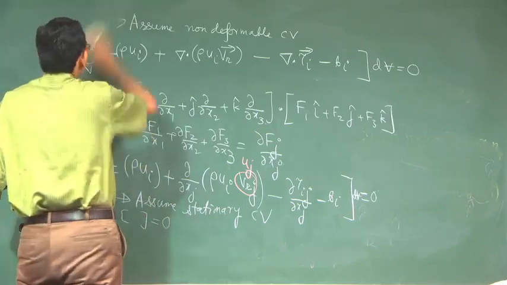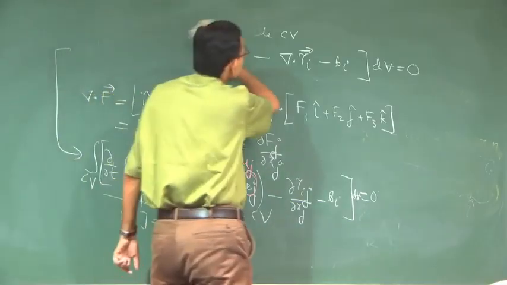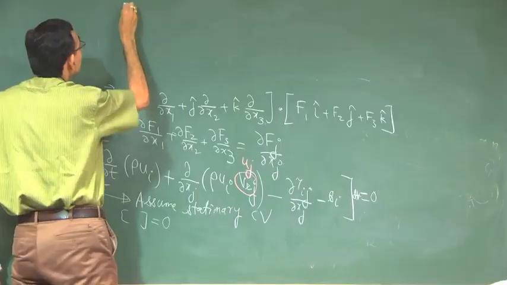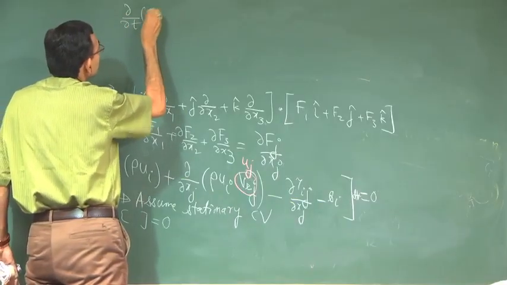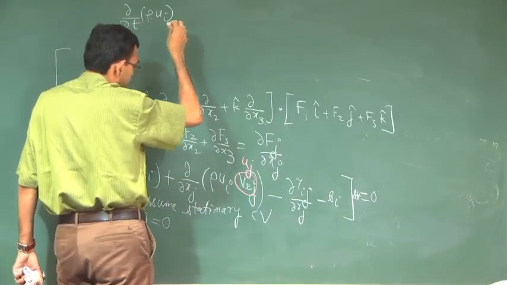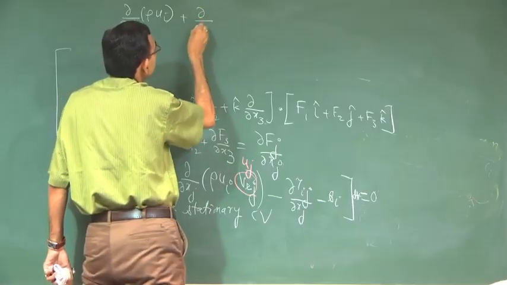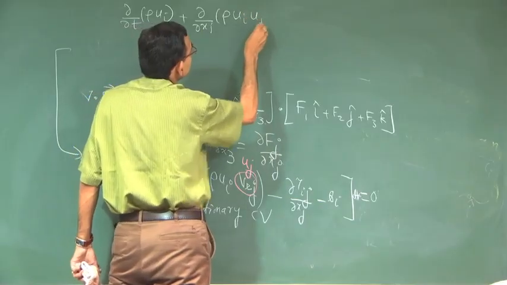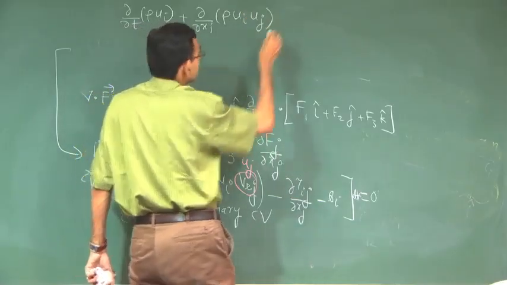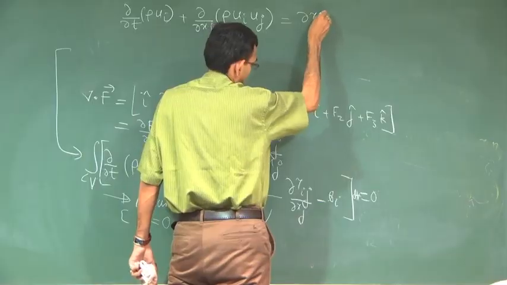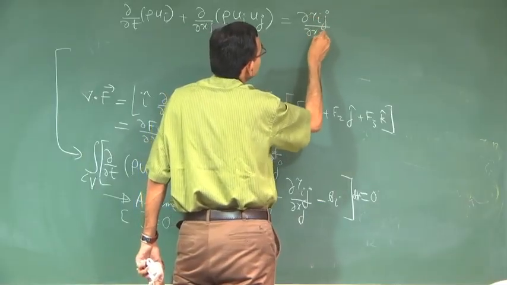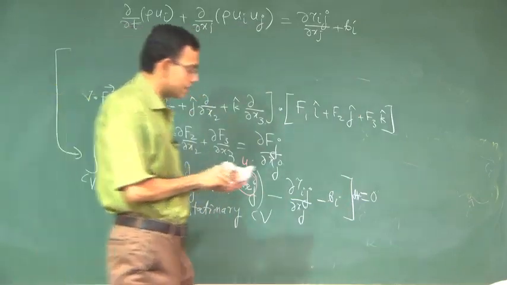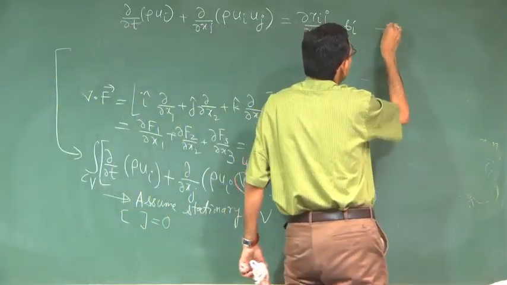So, we have derived the differential equation for momentum conservation. This equation is known as Cauchy or Navier equation.